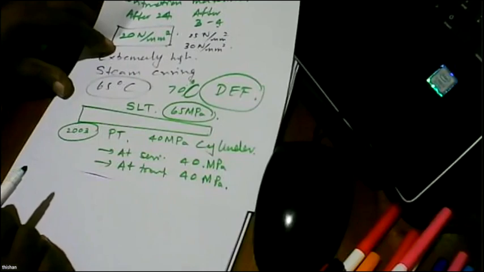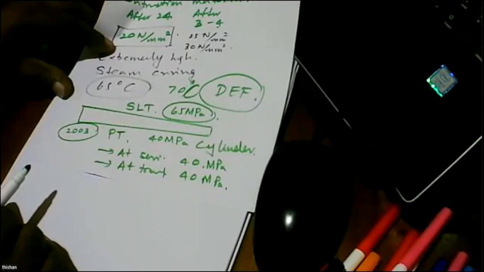And especially it's good to get some information about the strength development curve from a specialist like Mr. Ravin Sanko, because he has done so much testing and development. He has developed so many curves. So if you are a consultant, always get some advice from a person like that.